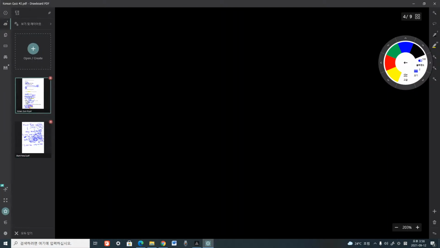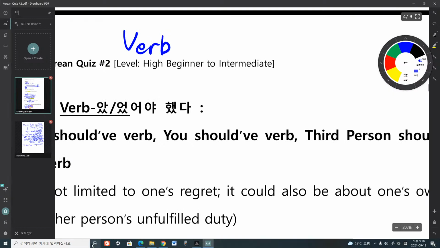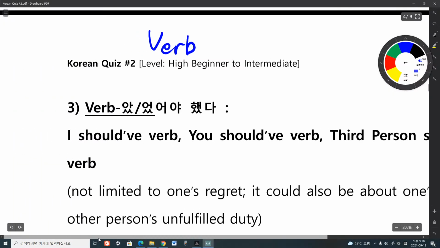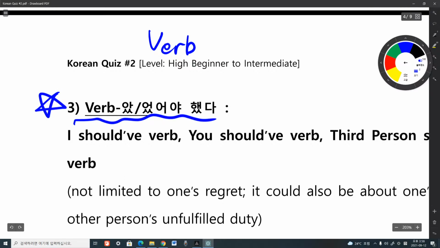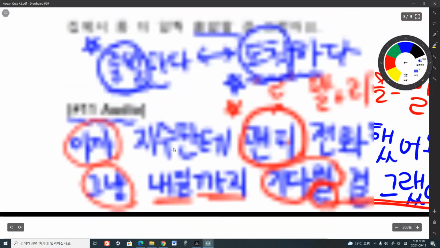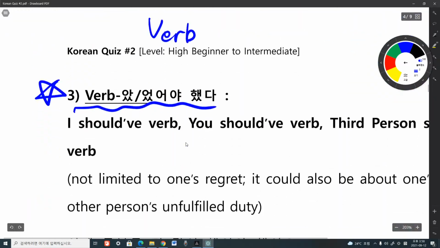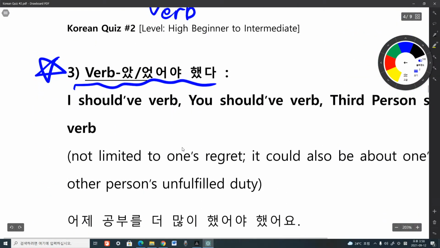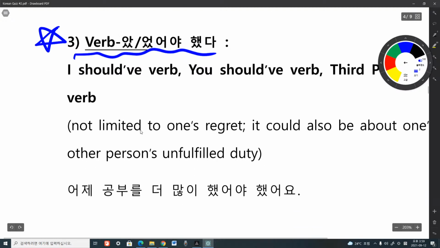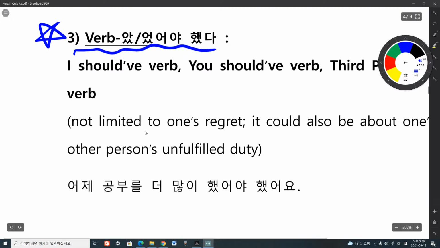Something that you should have done in the past, but you didn't. And probably you guys are curious as to what the difference is between 썼어야 했다 and 할 걸 그랬다. Because both pretty much can be translated to I should have verb, right? But I'm gonna explain more about the difference as we learn.